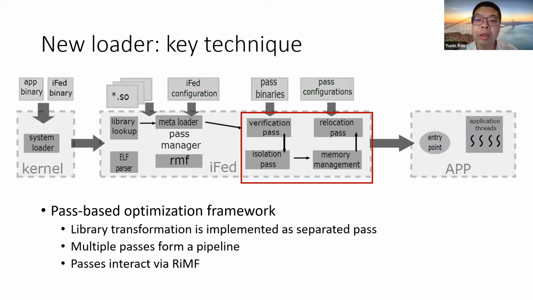In this way, the library manipulation is separated from the state maintenance, and a single functionality can be implemented as separate passes. For example, we can easily plug in new function passes, such as binary verification, memory management, and relocation.